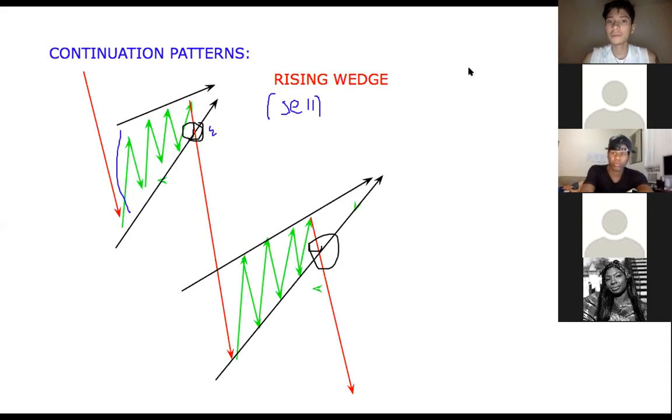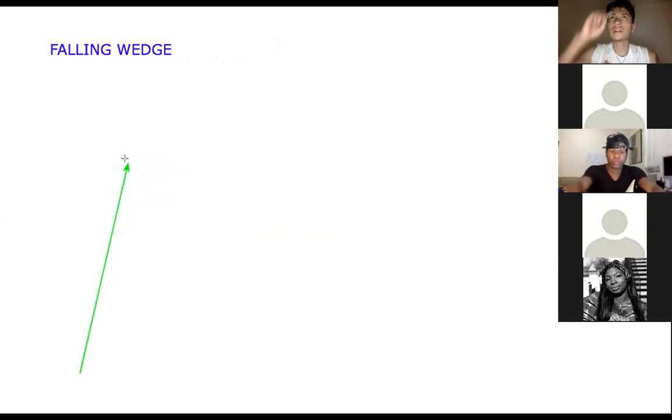All right. Another continuation pattern that I like. If we have a rising wedge, we have another one. It's called a falling wedge, right? Falling wedges, I like these too. You could even use the same example. I'll just use it coming off an uptrend. Falling wedge, right, cool.